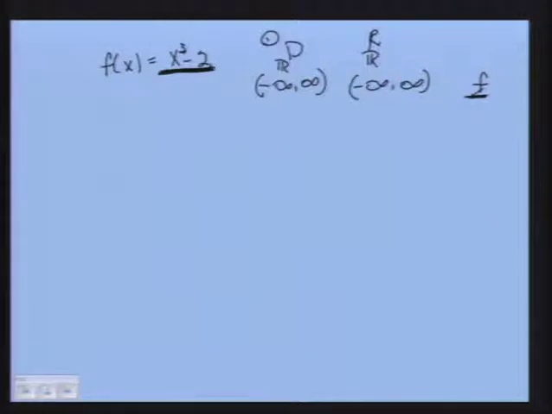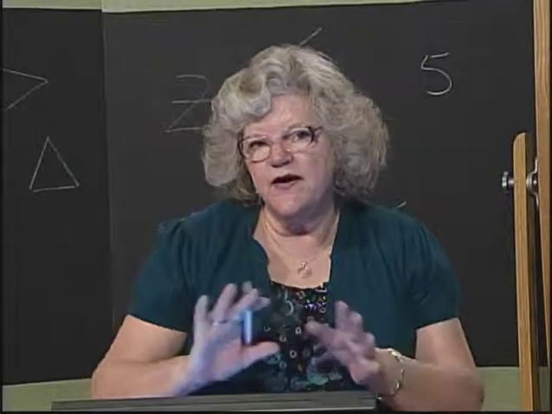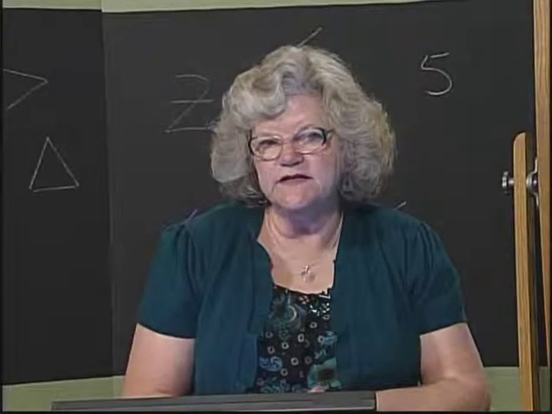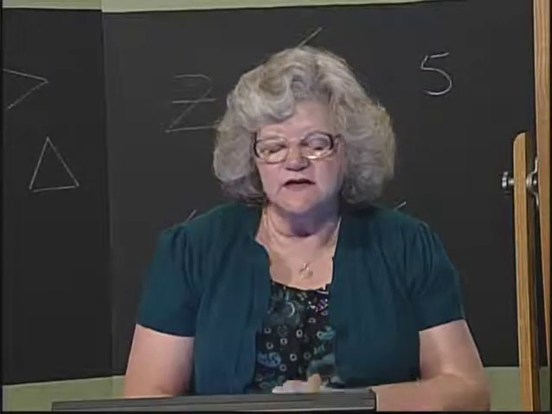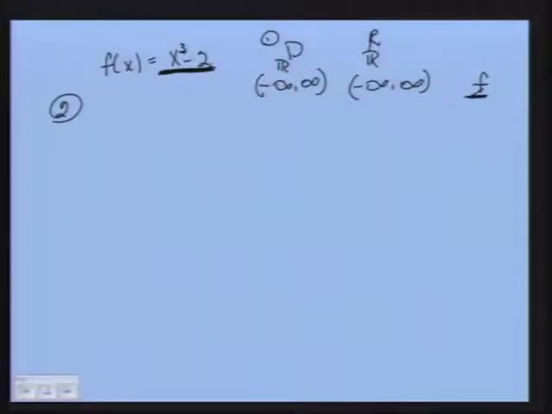Now, do you remember when we were doing ordered pairs a few minutes ago that we flipped our x's and our y's? I think that's what we need to do to get an inverse here too. Just flip the x's and the y's. So the second thing I'm going to do is put in a y in place of my f of x so that it'll be less cumbersome.